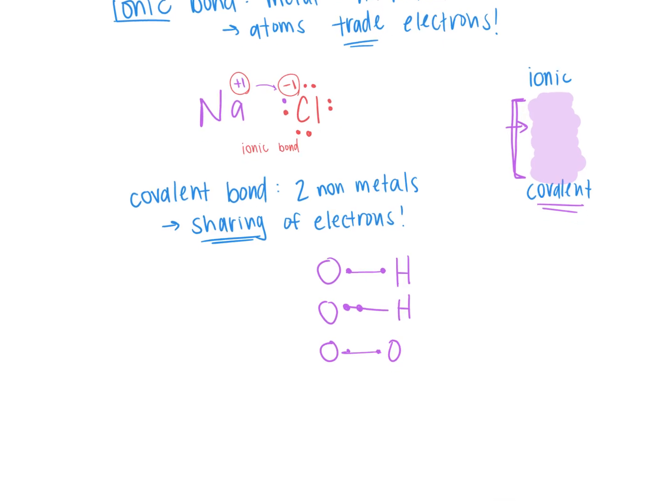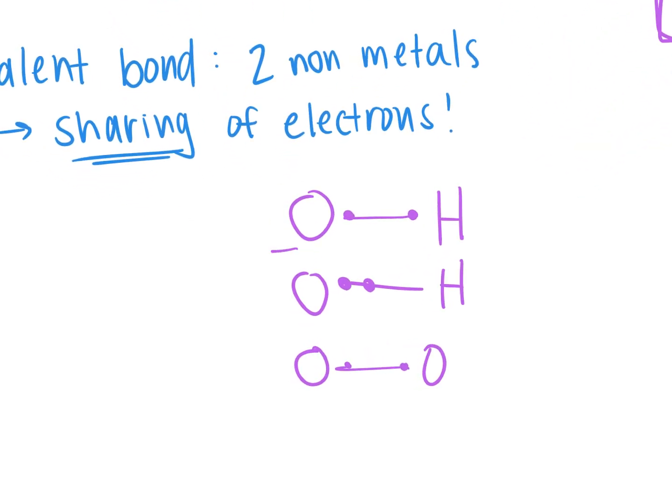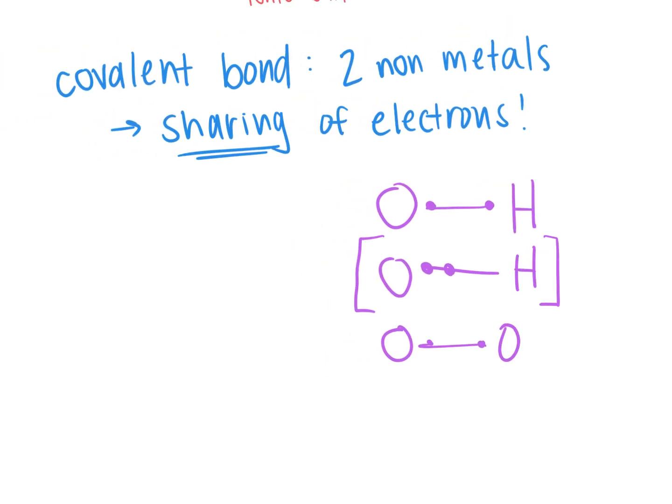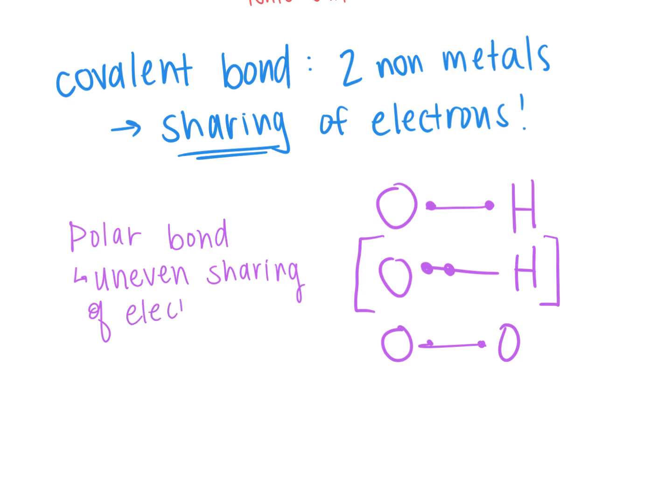So let's take a look at this example right here. If we have electrons that are sharing, but they are not sharing evenly, do we know the name for that? Has anyone heard that term before? That is called a polar bond. I want you to write that down. A polar bond is when we have uneven sharing of electrons.